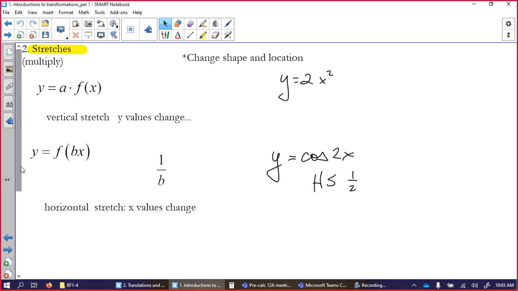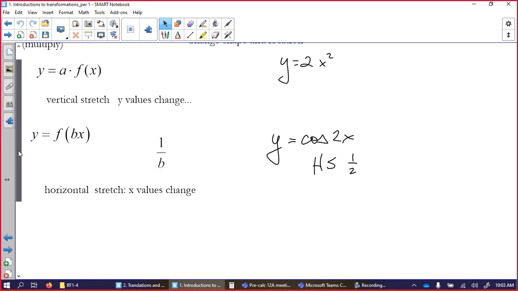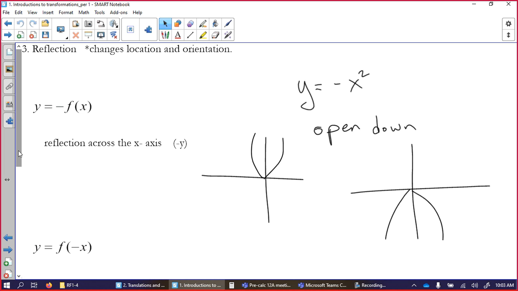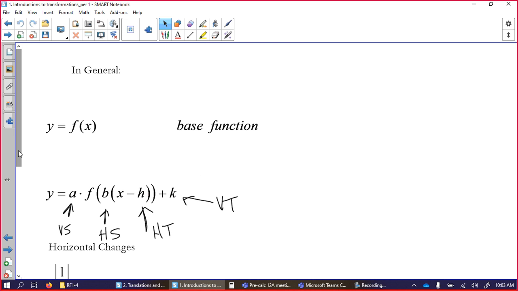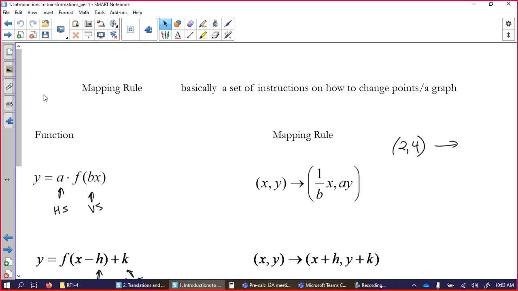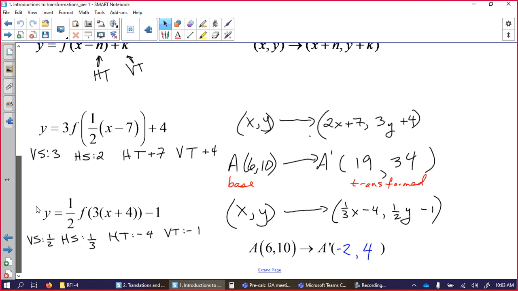A horizontal stretch effectively changes the values of the x coordinates. Reflections we'll talk about a little bit more in a few days. Our general goal is being able to identify transformations and turn them ultimately into a mapping rule.